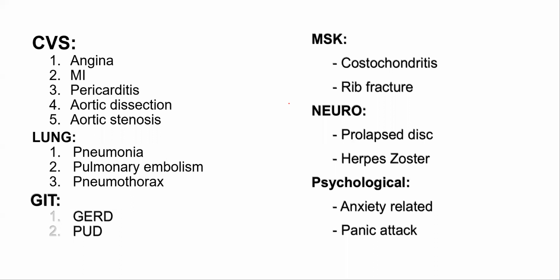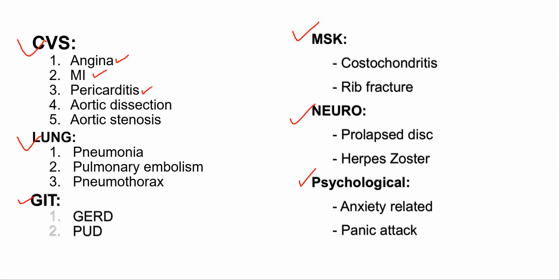What are the differential diagnoses of chest pain? It could be CVS-related causes, respiratory causes, GIT causes, musculoskeletal, neurological, or psychological. For CVS causes, in any patient with chest pain, we should always rule out the possibility of angina or AMI.